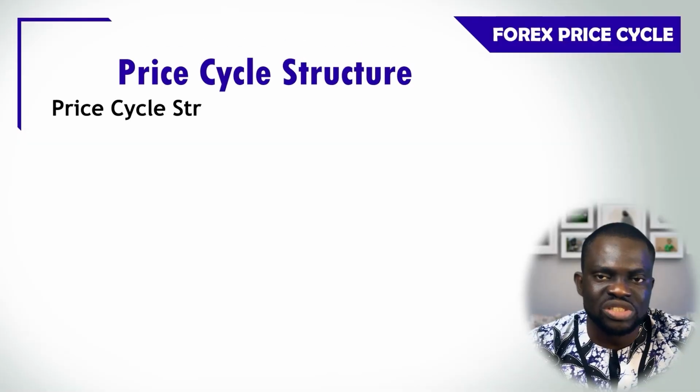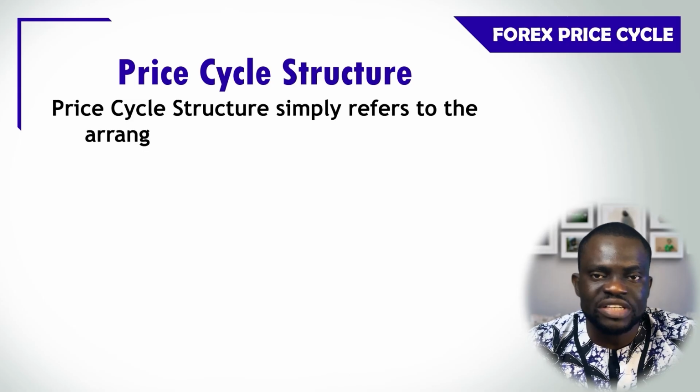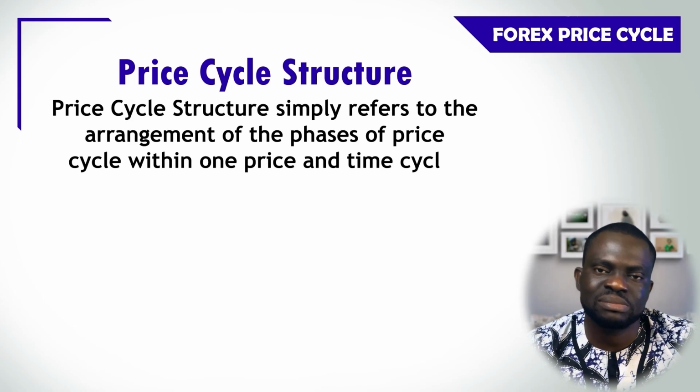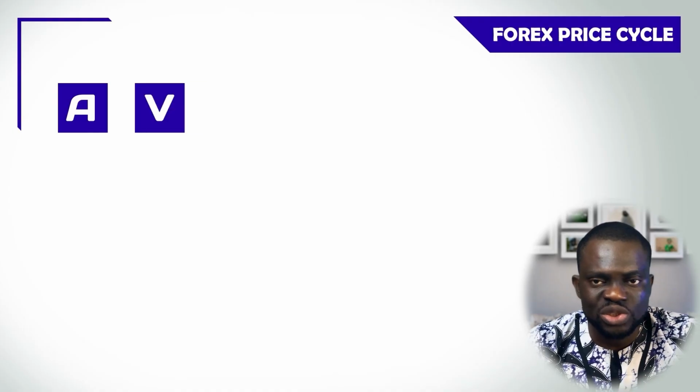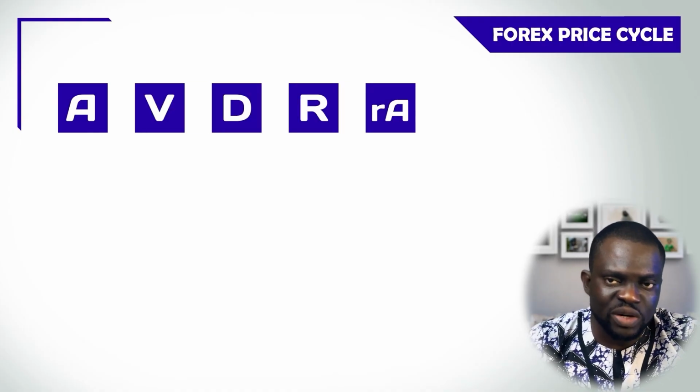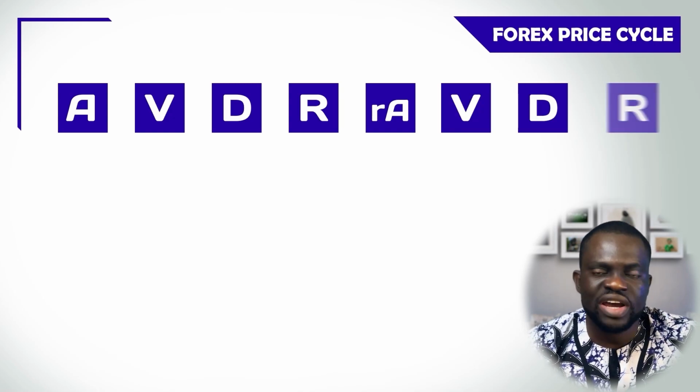Price cycle structure simply refers to the arrangement of the phases of price cycle within one price and time cycle. A full price cycle structure looks like this: accumulation to valuation to delivery to reprice to reaccumulation to valuation to delivery to reprice.